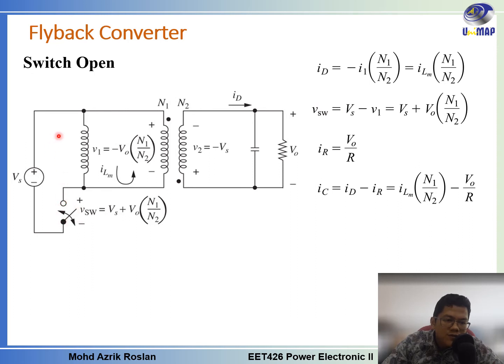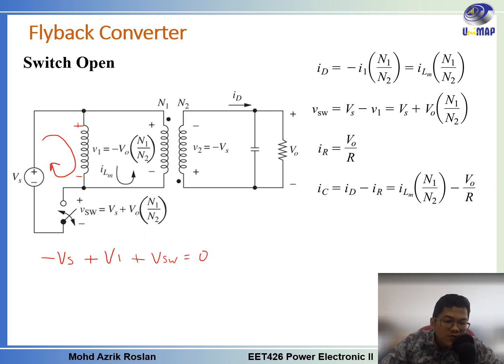You have to use Kirchhoff's voltage law in this loop to get the V switch. So we try to look at that KVL. Let's say we do the KVL across this loop. So we will have negative Vs, and then here we have the V1, positive, negative. We have plus V1, and here we have plus V switch equals 0.